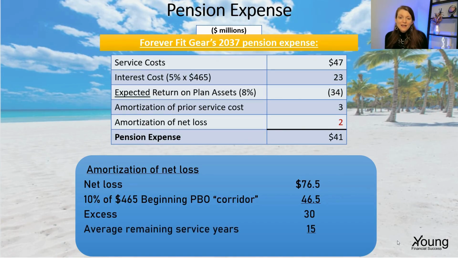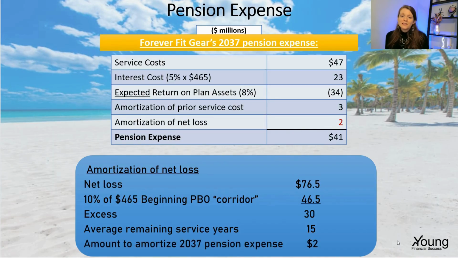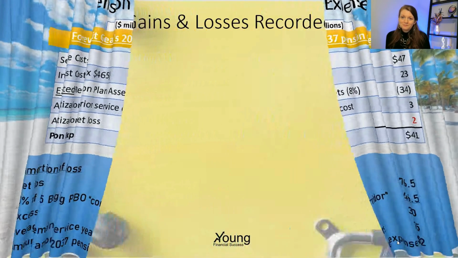And we have to amortize that over the 15 years of the average remaining service life of those active employees. So we divide that and it comes up with 2. We're going to amortize $2 million every year from this. So we take the net loss minus that 10%, and they say all of the excess, let's smooth it over time. So we have $2 million over the next 15 years.